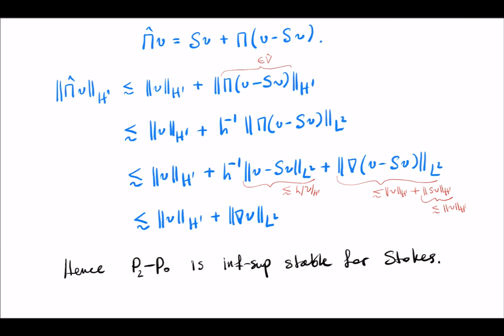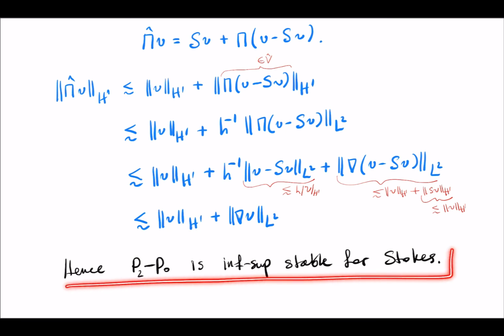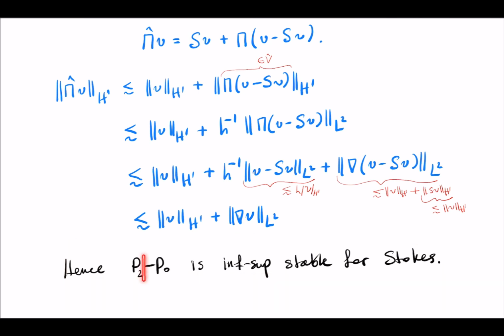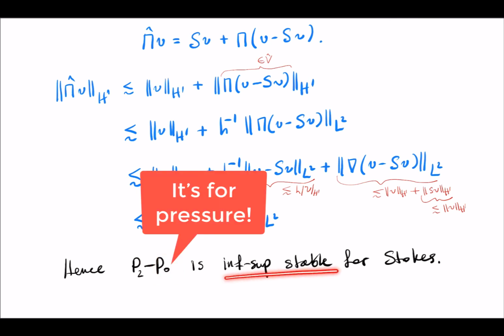The Scott-Zhang projector is stable in H1. So all these H1 norms will be absorbed into that H1 norm. So we showed that this pi hat is indeed a Fortin projector which is stable in H1. So this element P2-P0, which is quadratic for velocity and discontinuous piecewise constants for pressure, is inf-sup stable for the Stokes problem.